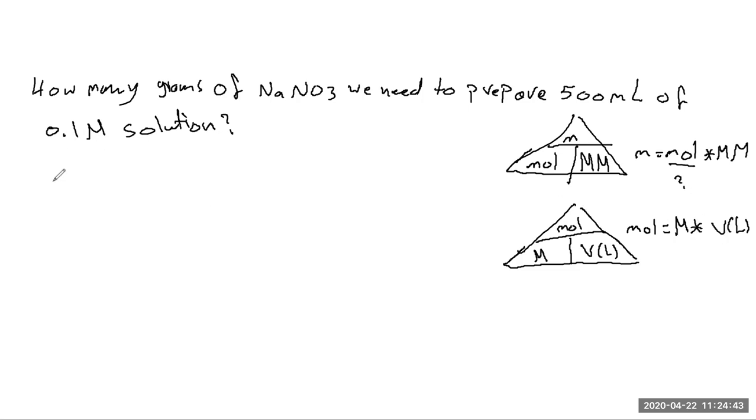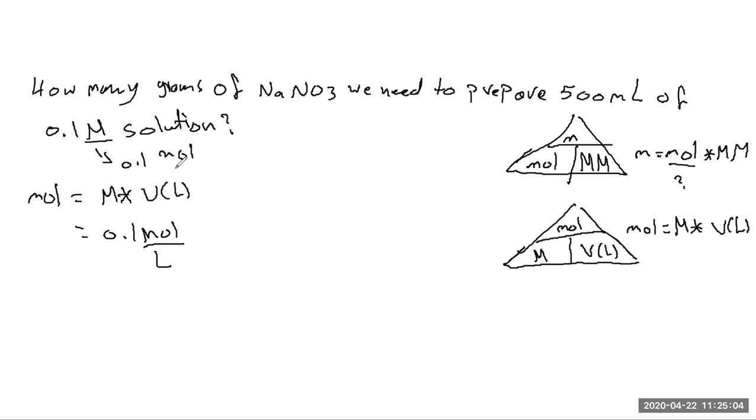So first of all, we need to figure out the mole. So mole here equals the molarity times the volume in liter, and the molarity is 0.1 mole divided by liter. When they told you 0.1 molar, that means 0.1 mole divided by liter.